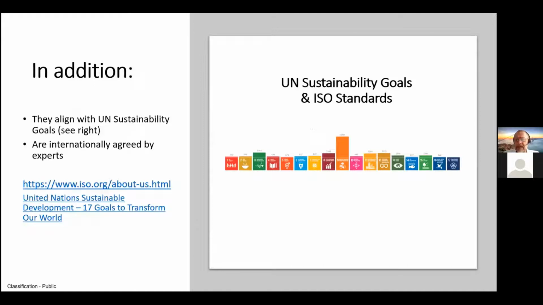Number 8, which is about decent work. And number 10, which is about reduced inequalities. And ISO 30415 was written and referenced in relation to these particular UN sustainability goals. Because if organizations are seeking to deliver on these UN sustainability goals, then clearly for ISO, it makes sense to say this standard can help you achieve them.